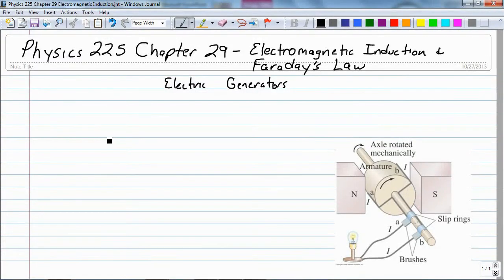Electric generators and electric motors are probably the first devices that were ever created to use Faraday's law.